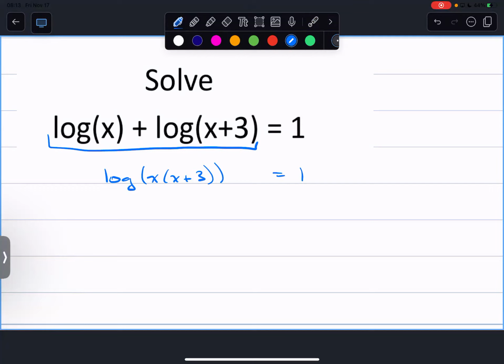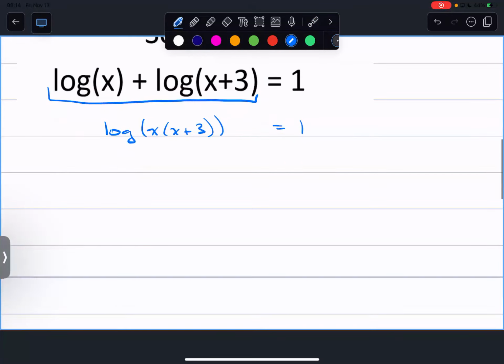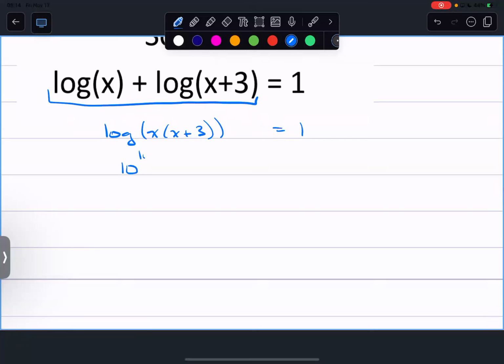Now, our move to shake out something inside the log is to raise it to the same base. And so here, this is base 10, so I'm going to do 10 to the power of log of x times x plus 3. Or you can expand that out already if you want. I'll just keep it there to emphasize for a little bit longer. This 10 to the power of log base 10, they cancel.